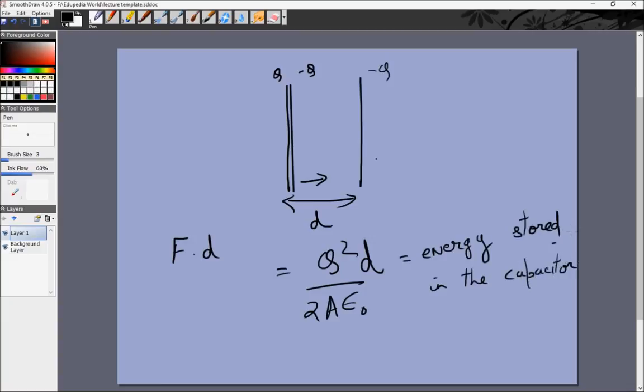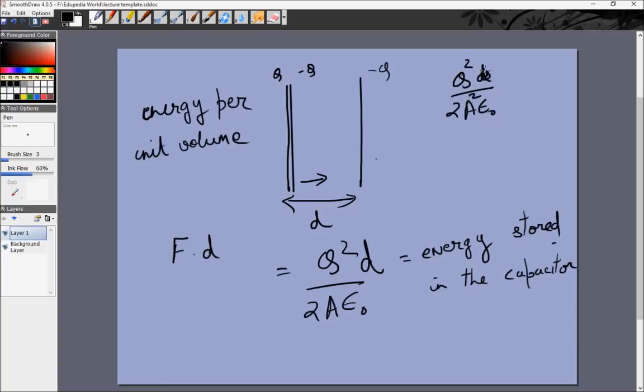But this is not always the quantity of interest, and a quantity which is generally of more interest is the energy per unit volume. If you wanted to calculate the energy per unit volume, that would be Q squared D by 2A epsilon naught divided by the volume, which would be AD.